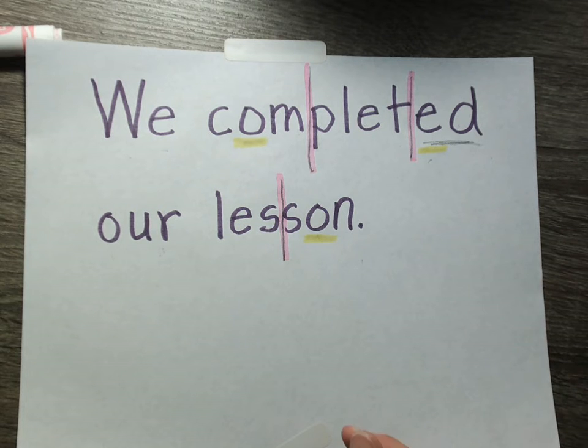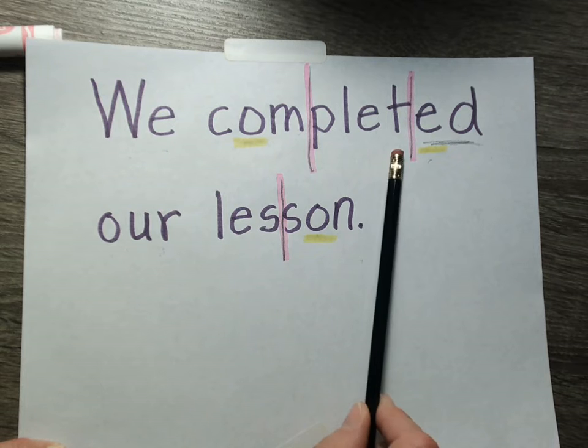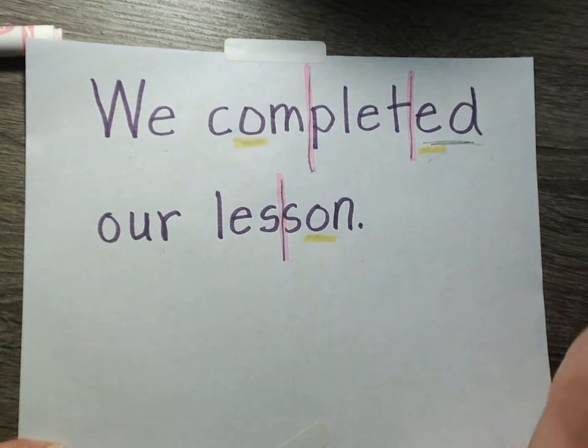So this is how I read this sentence. We completed our lesson. And if you listen carefully, you can hear how my voice kind of swallows up some of the vowels, especially if it's a short vowel, in a syllable that doesn't get a lot of force.